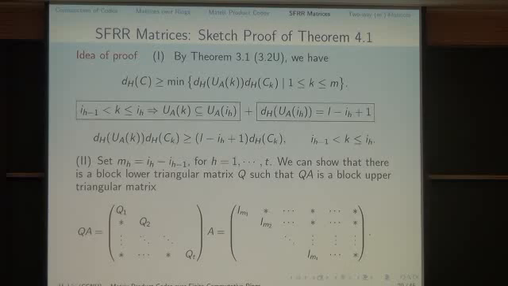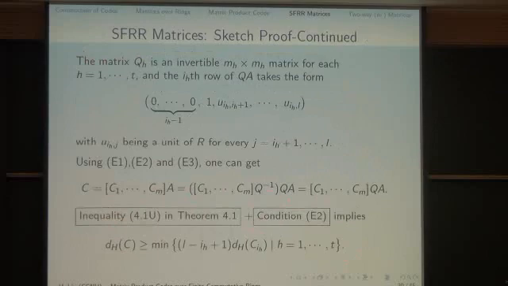For the equality, we can prove there is a block lower triangular matrix Q such that QA is of this form. And then by using the three conditions, we can write C as just this one. And by using equality and condition 2, we can get here h equal to 1 to T.